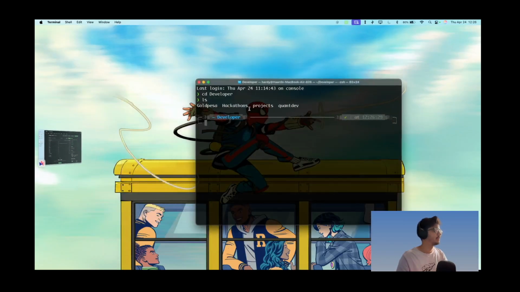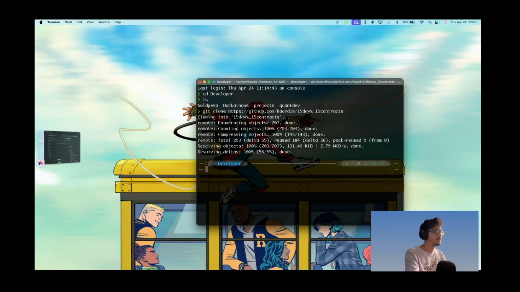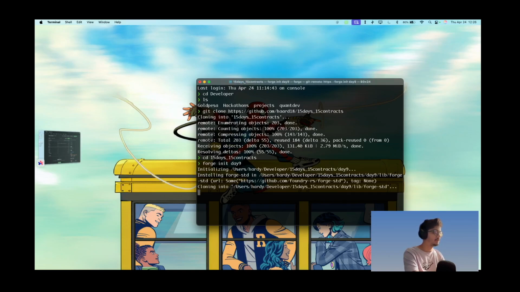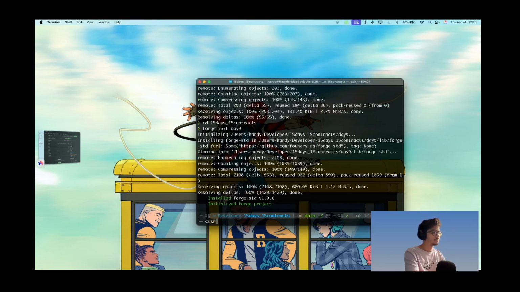You can get everything from here. So git clone, boom, and CD 15 days. Okay, let's forge init for day 9, and cursor day 9.